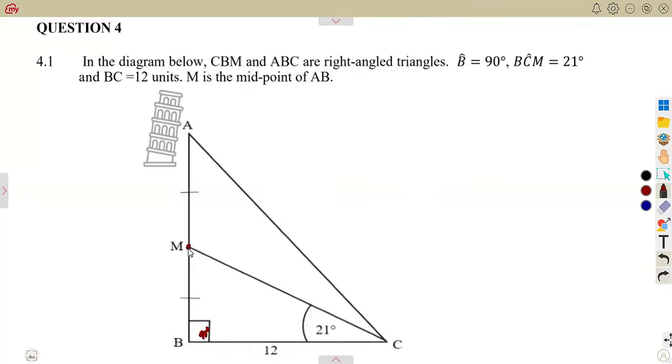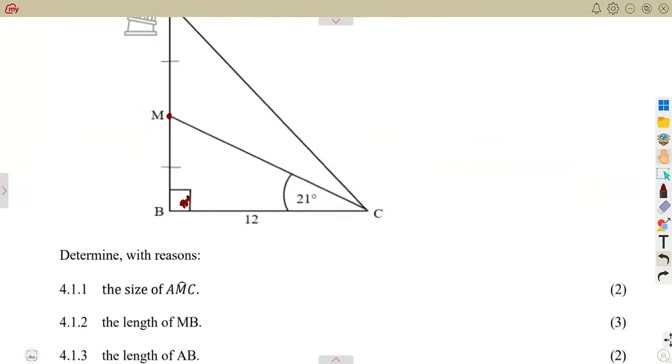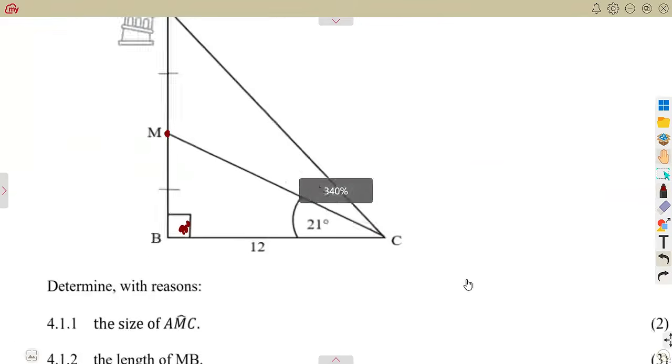M is the midpoint of AB, meaning M divides AB so that A to M is equal to M to B. These two are equal. So the question was to calculate with reasons, okay?